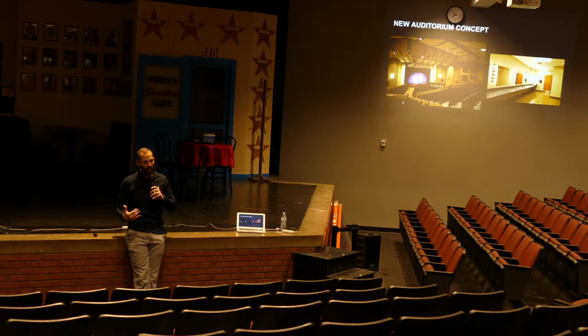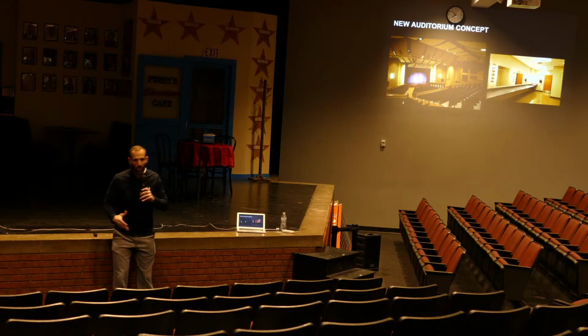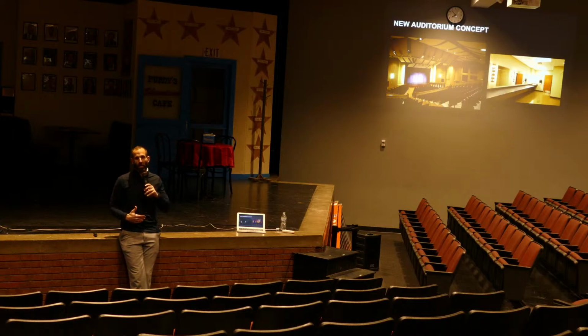We want to create more visibility, so we're going to remodel that space out of capital outlay money. We want to do some flooring replacement. There's a lot of different things that we have as a long-term facilities plan that would be separate from the bond and would operate just out of the capital outlay funds that we have available to us. Our board has done a great job over the last 7 or 8 years of building that fund up so that we can take care of the needs that we have.